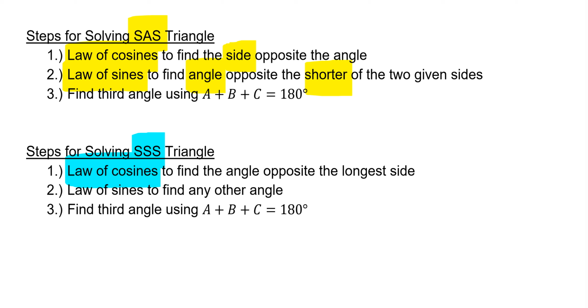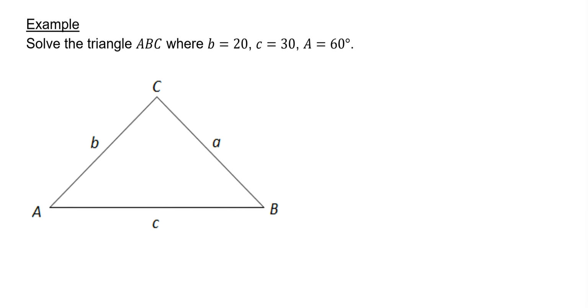We're finding angles for all of this one, obviously. So finding the angle opposite the longest side, then law of sines to find any other angle. So even though it looks tricky, there's only a few little things you have to memorize. Everything else after that is a little bit easier. So let's just jump into one example of both of these.